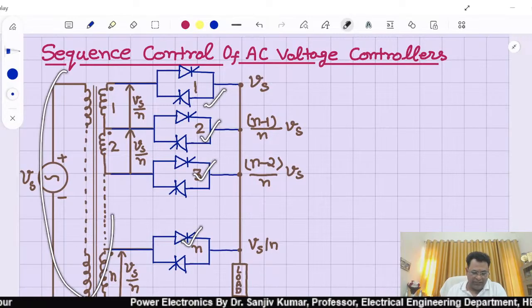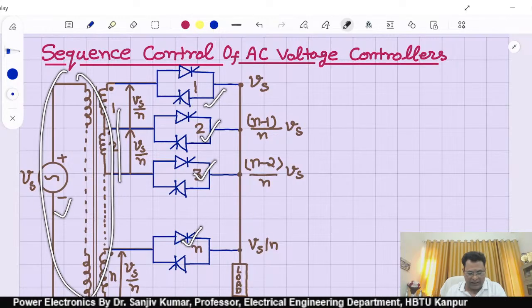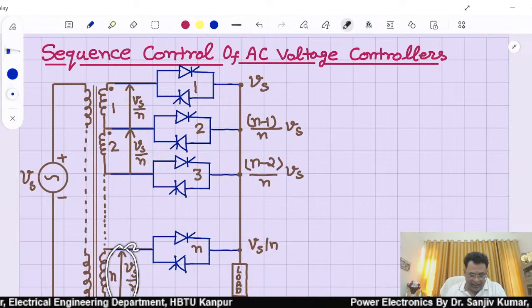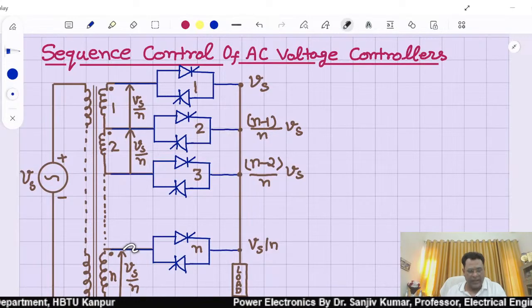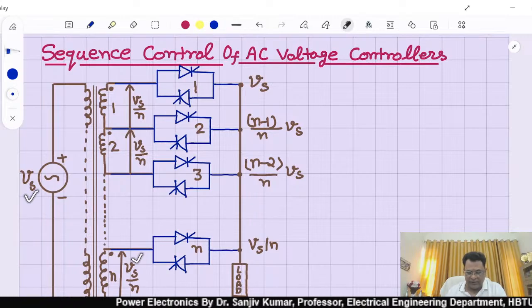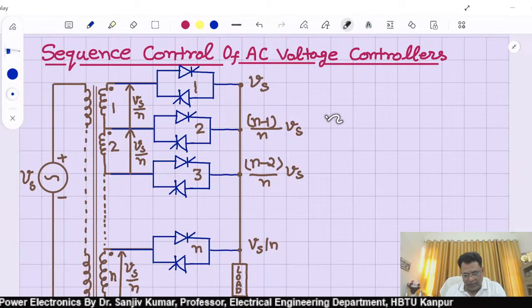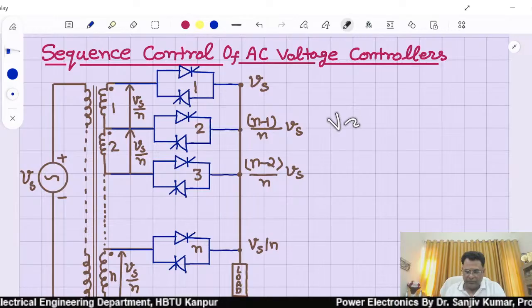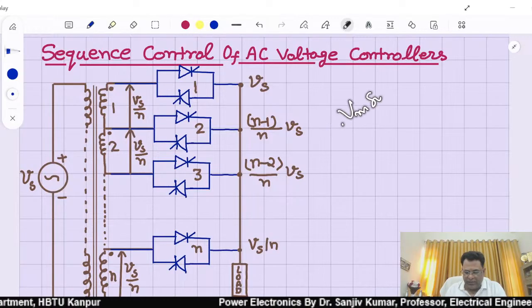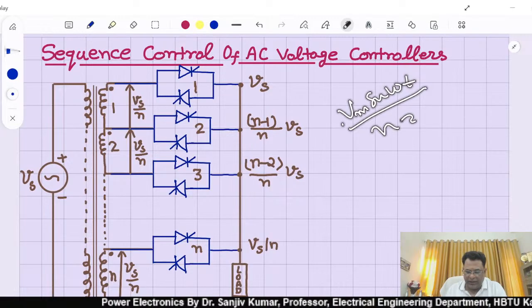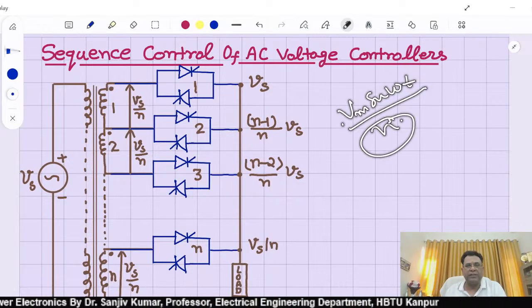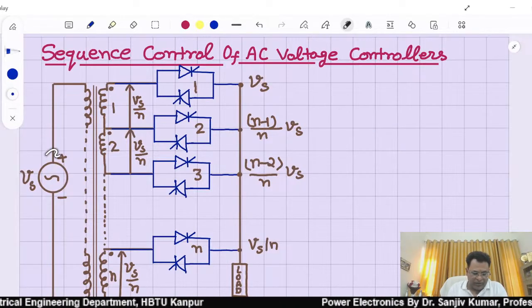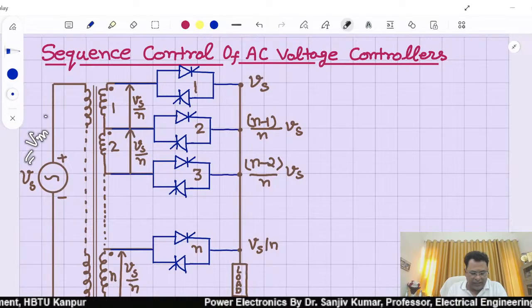There is one transformer which has one primary and N secondaries, and the voltage of each secondary is Vs by N. Suppose this is Vs, so the voltage of each one, Vs by N, is Vm sine omega t divided by N, where N is the number of AC voltage controllers or N stage sequence control, and this Vs is equal to Vm sine of omega t.